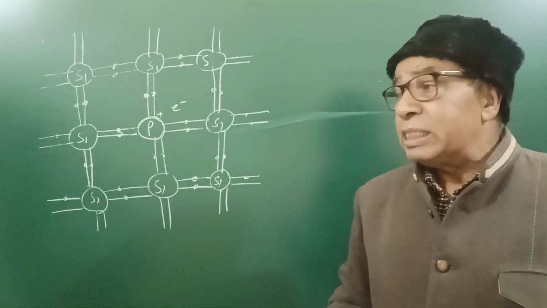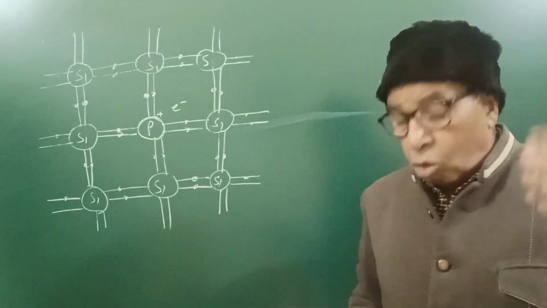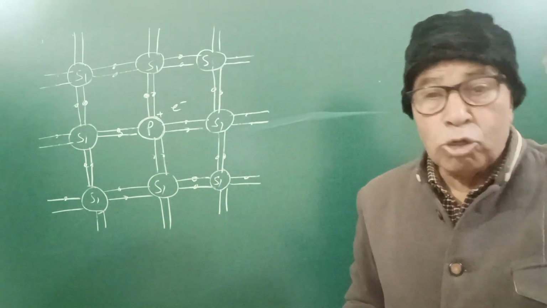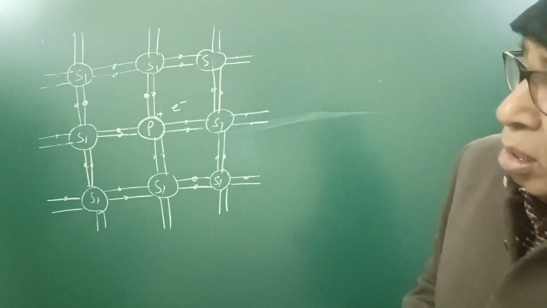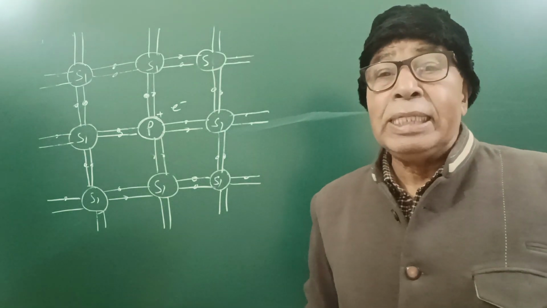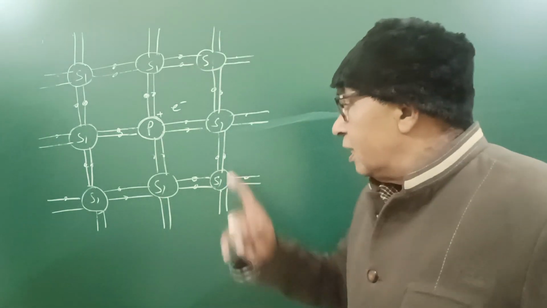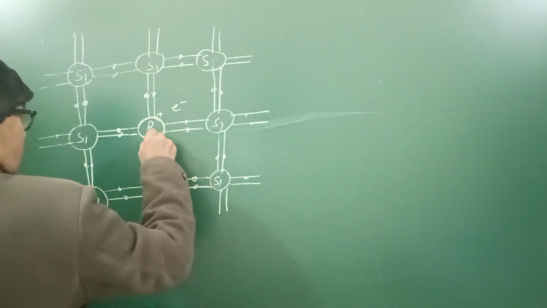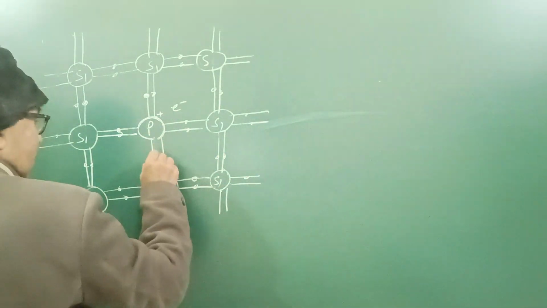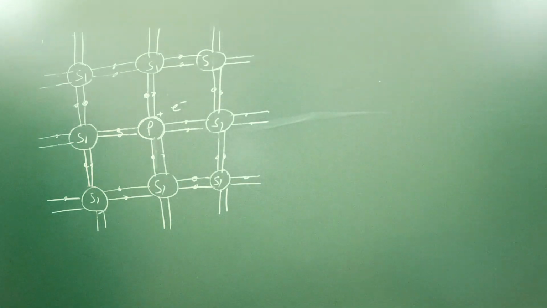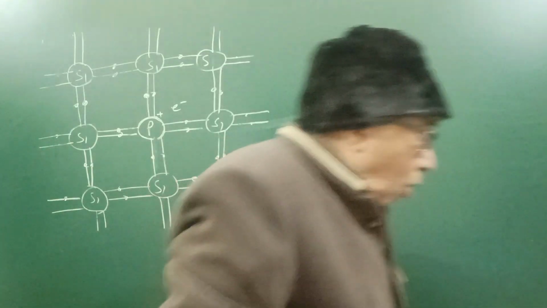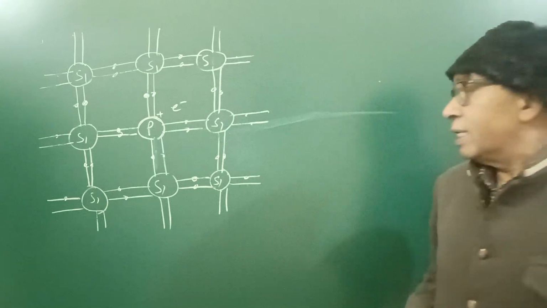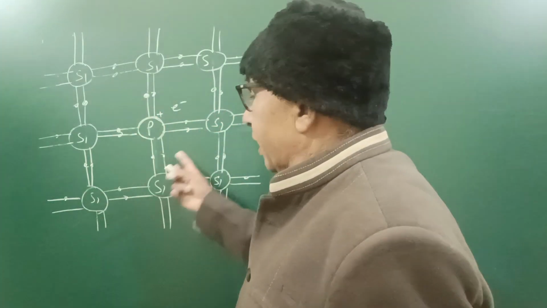So there is a drastic change in the conductivity of a semiconductor when it is doped with impurities. The conductivity of extrinsic semiconductors is there because the pentavalent atom donates an electron which remains free, but it is weakly bound with the phosphorus atom, like unlike charges attract.